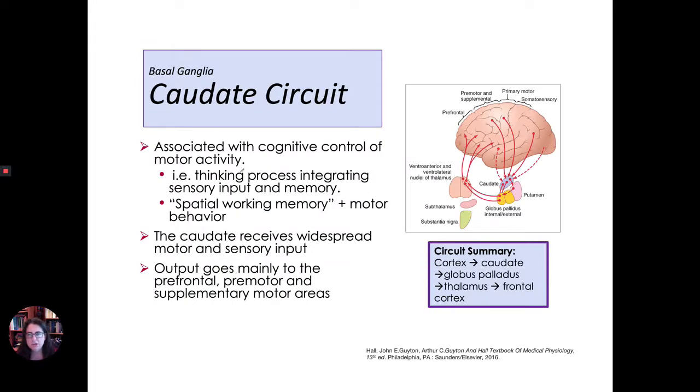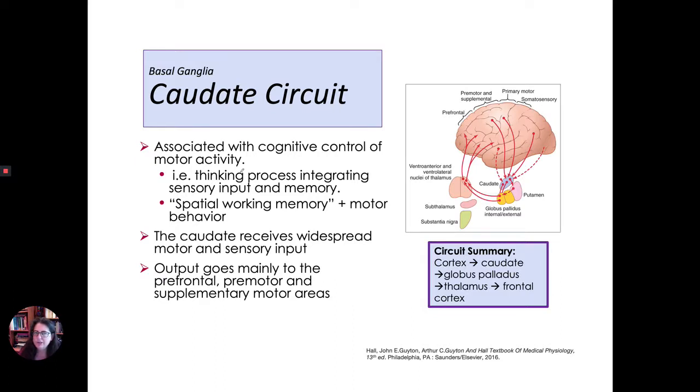Okay, the other circuit, the caudate circuit. This is associated with what they call cognitive control of motor activity. So they're trying to say things like the thinking process, integrating your memory with sensory input, and then putting that together with motor behavior. So it's like a working memory, a spatial working memory for motor activity.